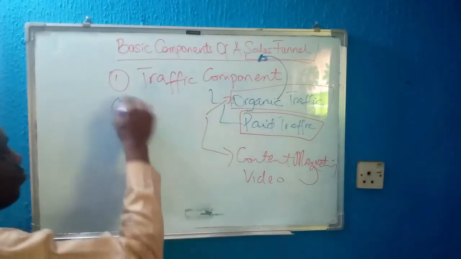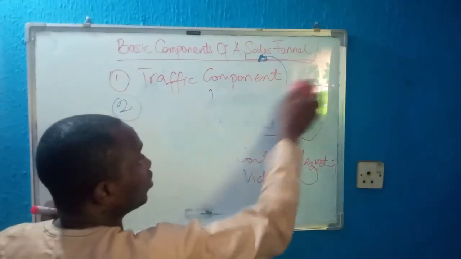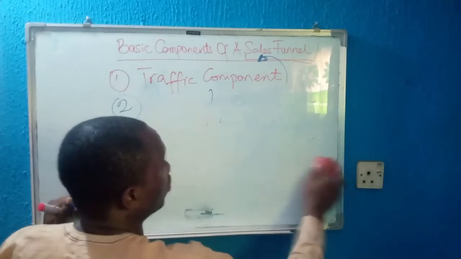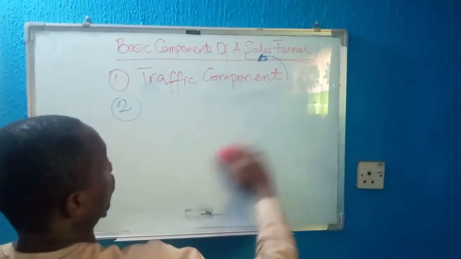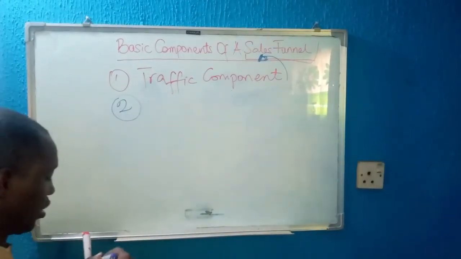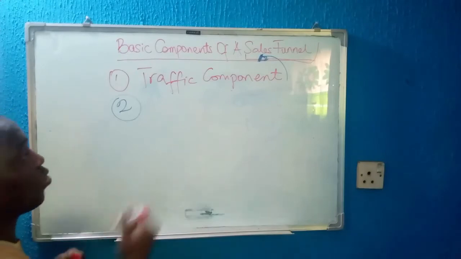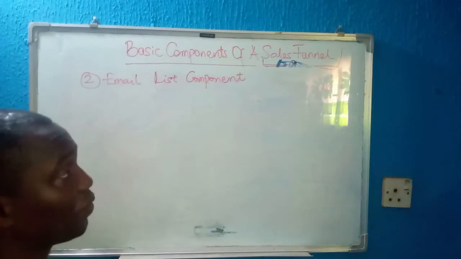So another component that you have here is the email list component. The email list component is the second part of a basic sales funnel.